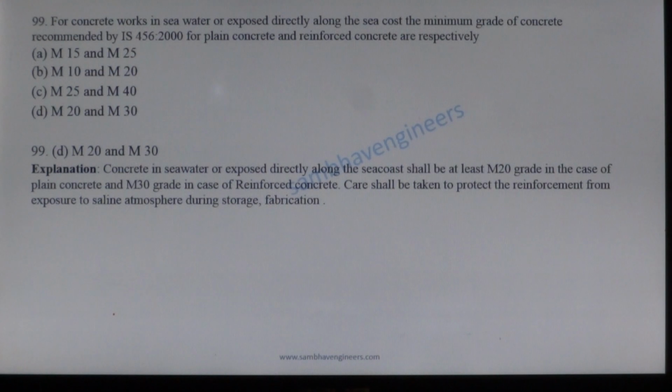Next question. For concrete work in sea water or exposed directly along the sea coast, the minimum grade of concrete recommended by IS 456 for plain concrete is M20 and for reinforced concrete is M30. So option D is the correct answer.